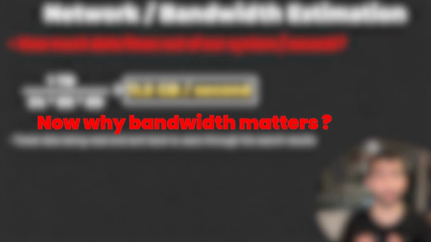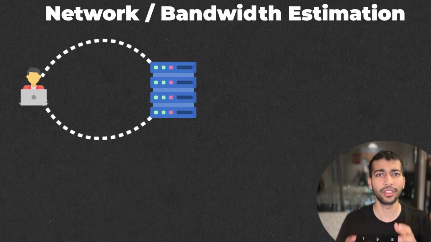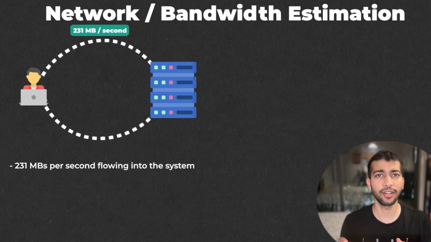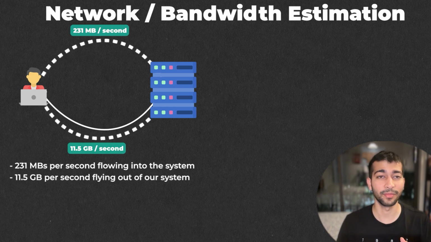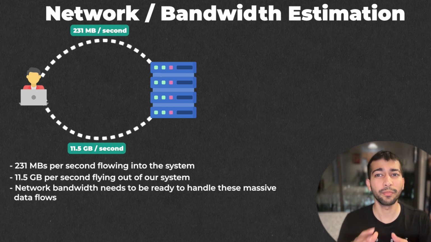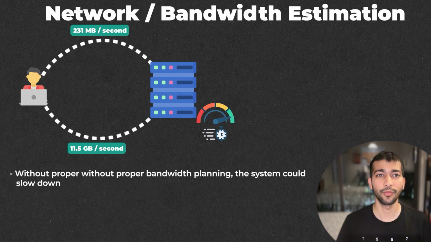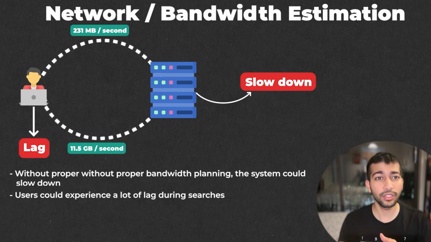Now, why does bandwidth matter? These numbers are no joke. With 231 MB per second flowing into the system and 11.5 GB per second flying out of our system, your network bandwidth needs to be ready to handle these massive data flows. Without proper bandwidth planning, the system could slow down, or even worse, users could experience a lot of lag during searches.